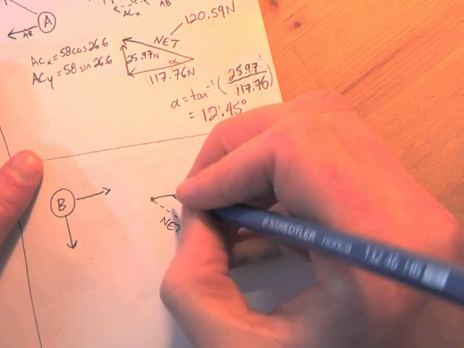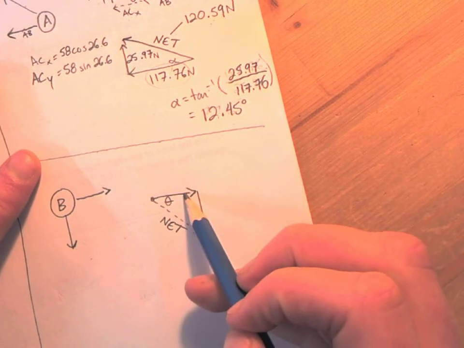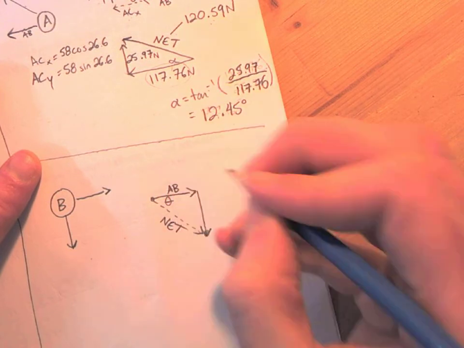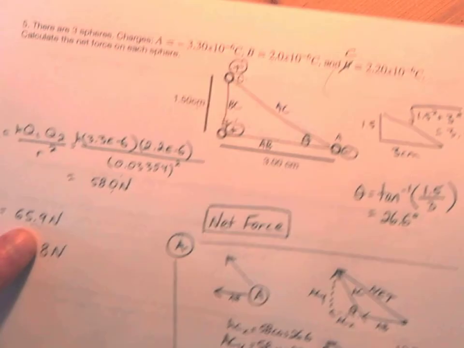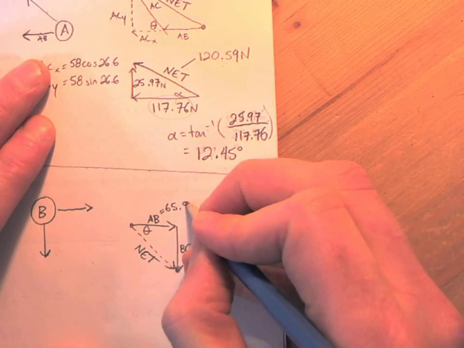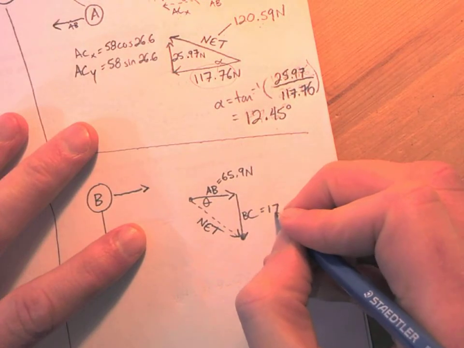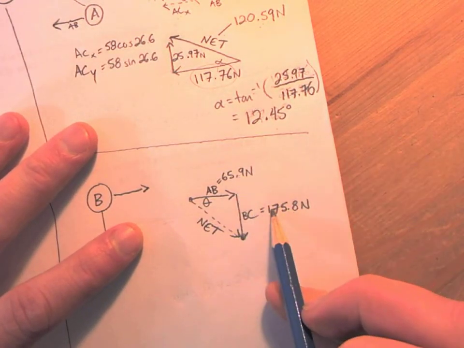And then here, we're going to need to know that theta eventually, but let's just see this. This one here is going to be AB, and this one here is going to be BC. We know AB is 65.9 newtons. We know BC is 175.8 newtons. So we have those two values there.